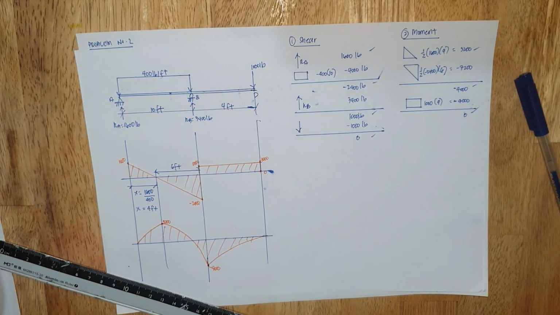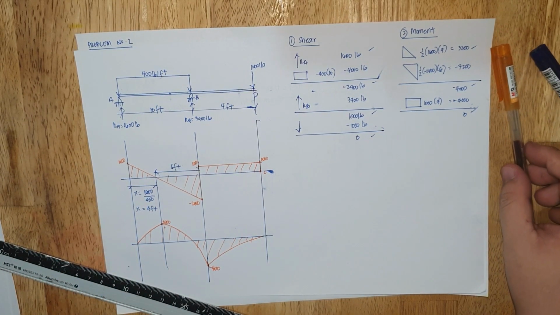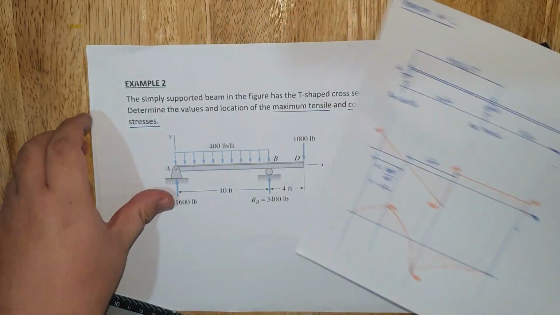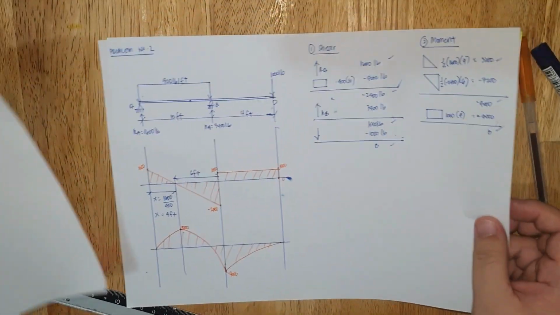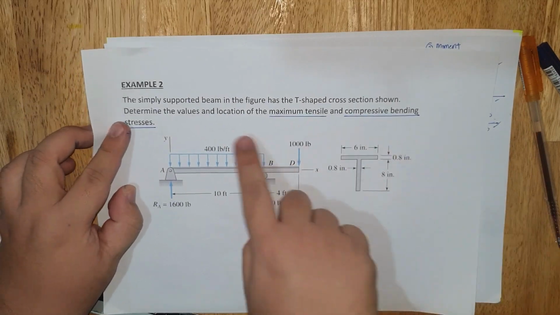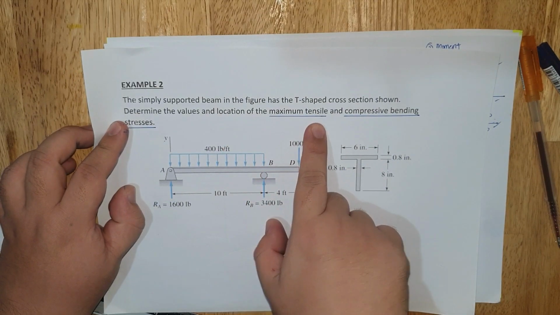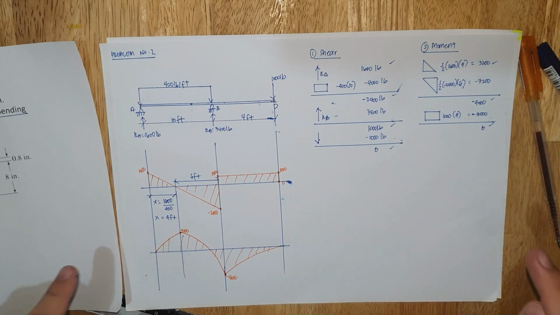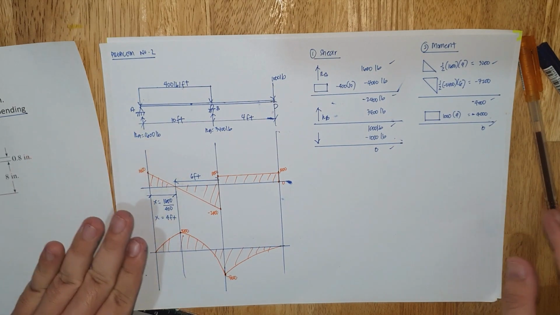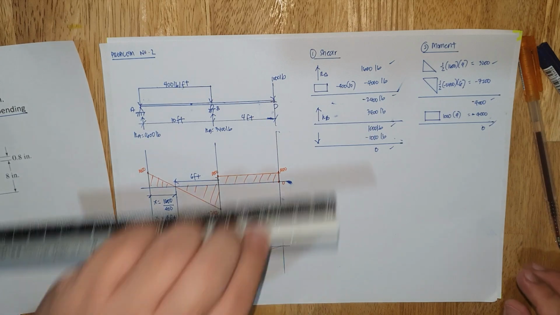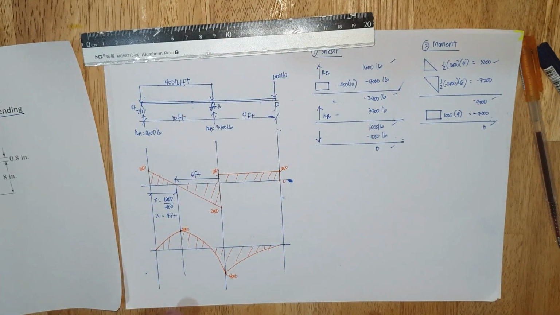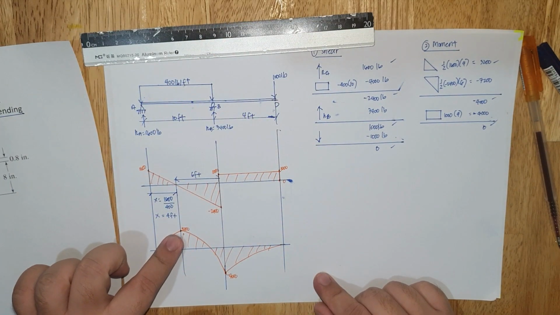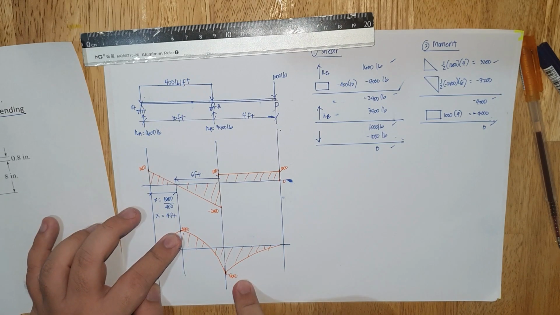Okay, so yan yung moment diagram natin. So ang question natin nga ulit is location ng maximum tensile and compressive. Okay, so na-compute na natin yung shear moment. Pag tinanong sa atin kung alin yung meron tayong maximum na positive, meron tayong maximum na negative.